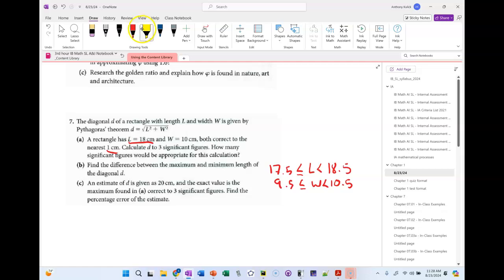Well, because I have the strict less than, that covers the first number that's less than 18.5, like 18.4999999, it doesn't actually include 18.5.